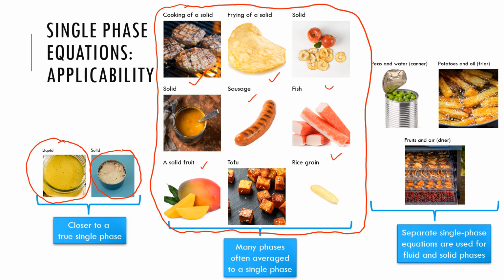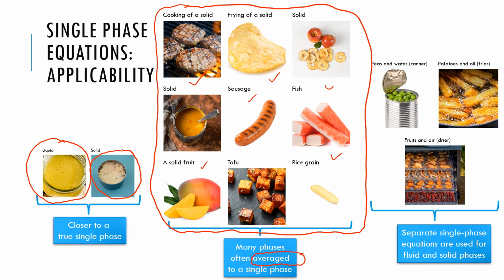The phases are averaged carefully and in different ways, but phases are averaged, and then the equation actually looks very similar or the same as the single phase equation.